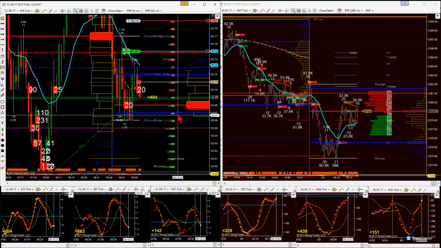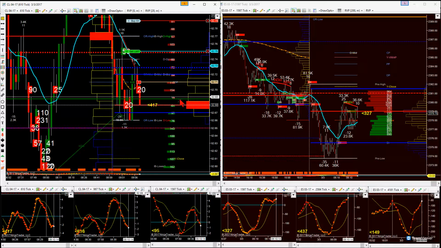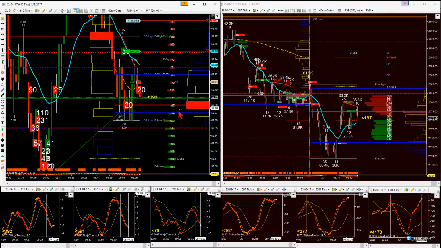It doesn't have the same meaning it used to, but when you see absorption, which is really what I look for, when you see somebody on the bid continuously refreshing their size, no matter how many times people are selling to them, that is something I try to keep an eye out for.